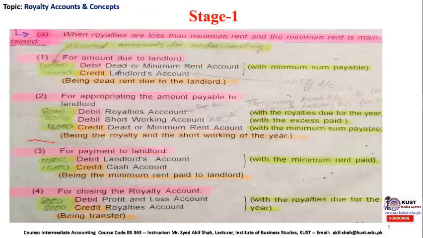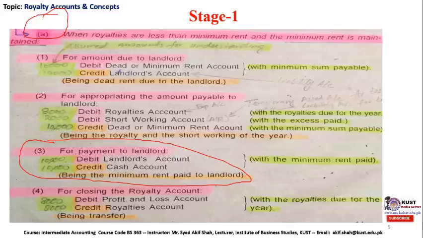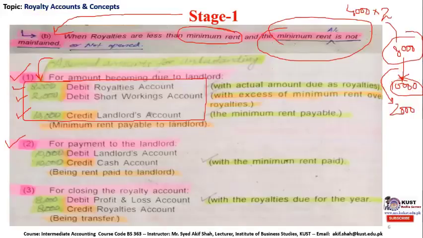We can see that the payment to the landlord under stage 1 in case A is the carbon copy of condition B, when the minimum rent account is not maintained. We have to debit the landlord's account, which is a liability account, by 10,000, and then credit the cash account.